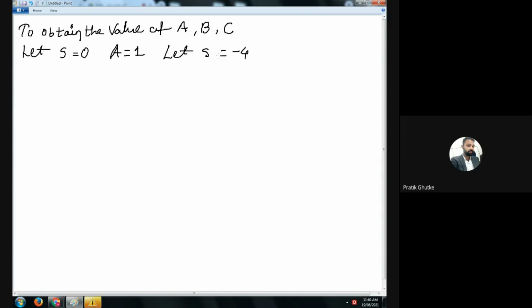So put these values and try to get the answer.